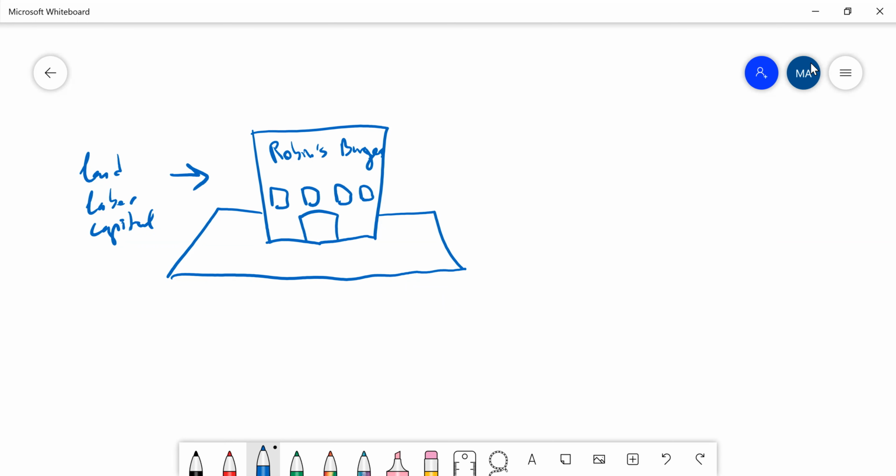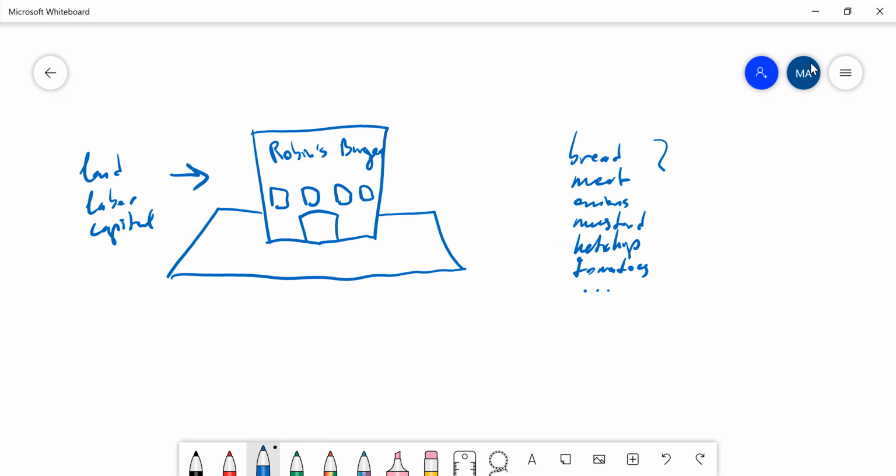Well, you need bread, you need meat, you need onions, you need mustard, you need ketchup. What else? Tomatoes, and things like that. Now, to produce burgers, you need these inputs as well.